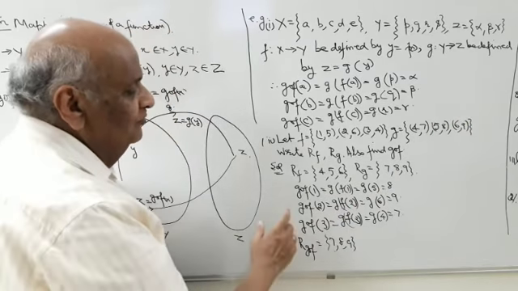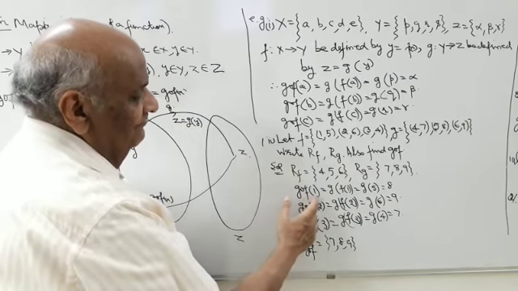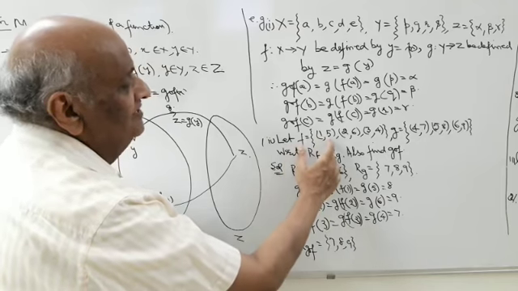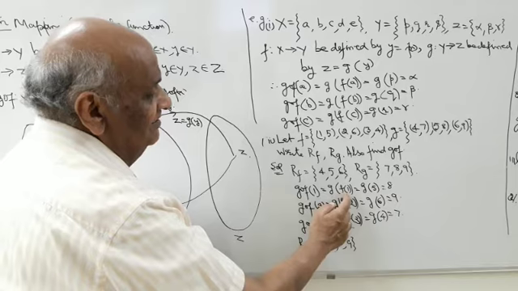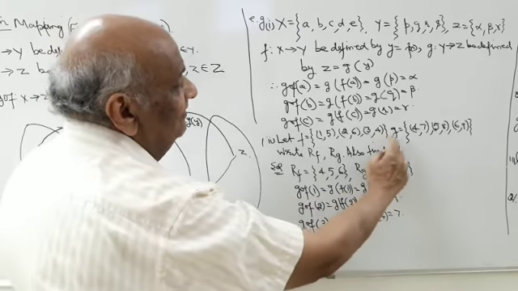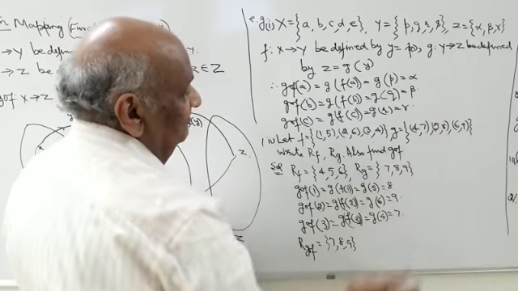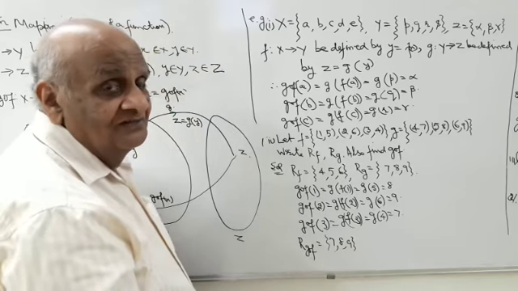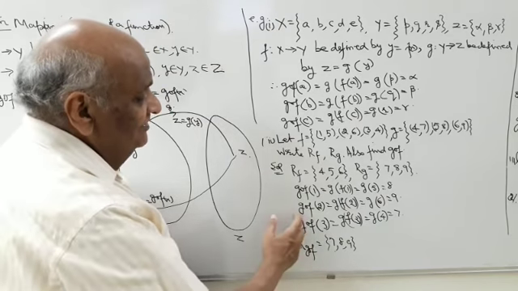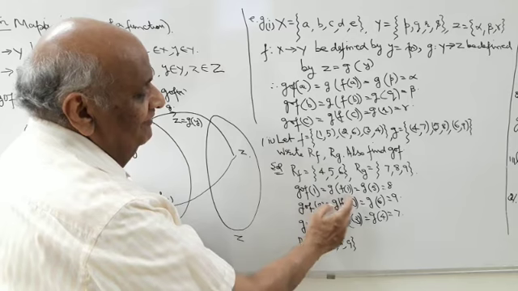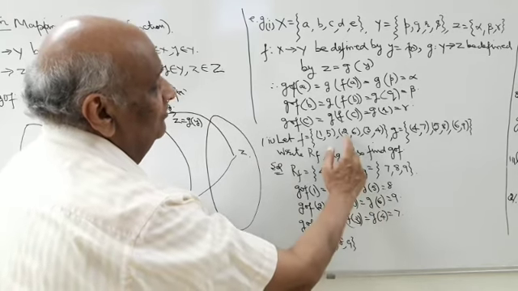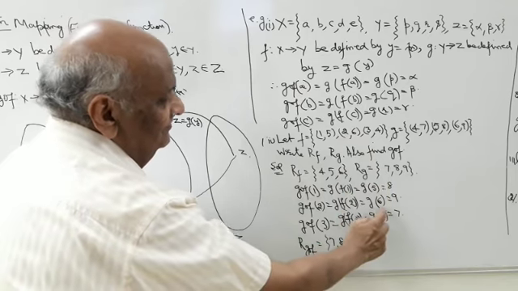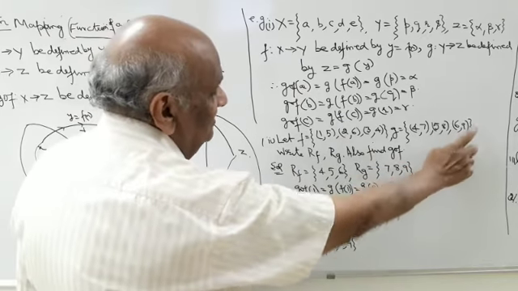Okay, let us now come to (g circle f)(1). Look, the image of 1 is 5 here. (g circle f)(1) is g(f(1)), g(5). g(5) is nothing but equal to 8. See, these two sets we are involving. Similarly, (g circle f)(2), g(f(2)) is g(6), look, the image of 2 is 6. g(6) is 9.